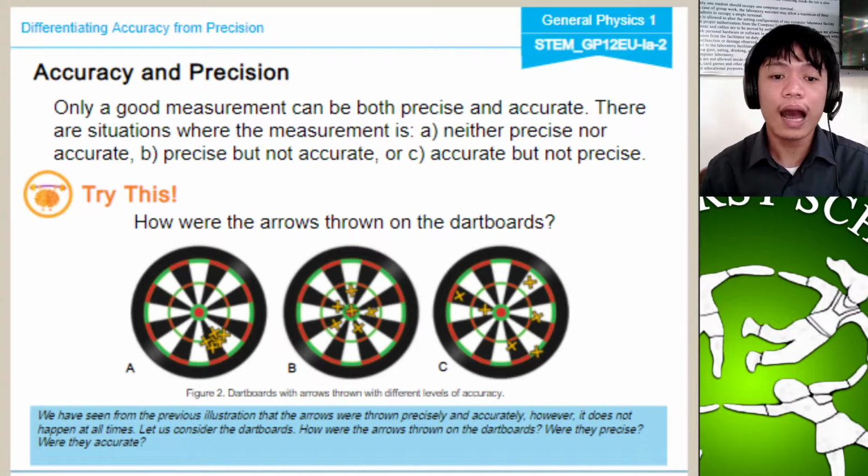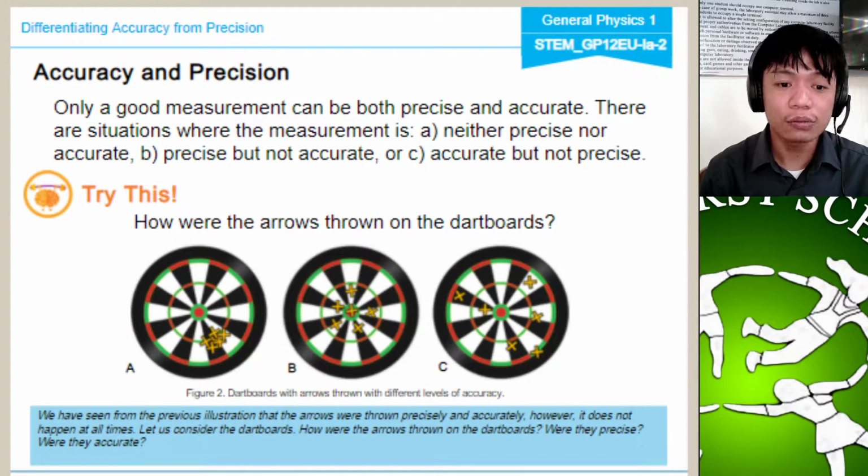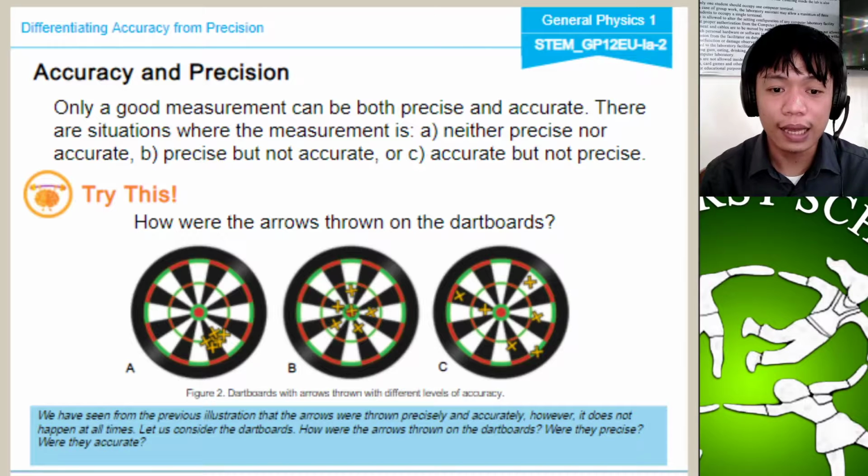How were the arrows thrown on the dartboard? Can you see in figure A, sa dartboard A na very close yung mga arrows na yon? Ano nga ba yung masasabi natin kapag very close yung mga arrows? Yung pag hindi siya nakatama sa bullseye but yung mga thrown arrows tinamaan nito is parang magkakalapit sila.